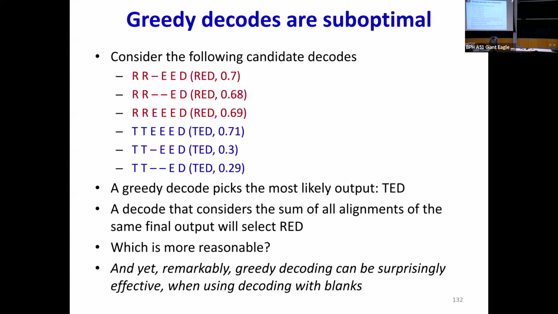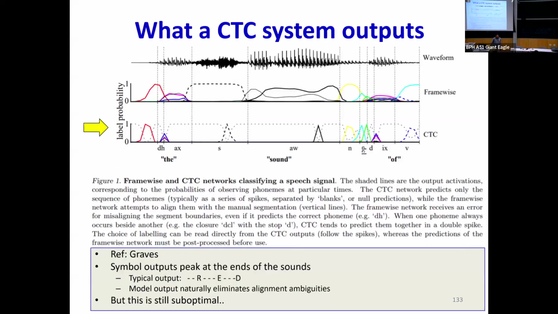And as it turns out, greedy decoding actually does a pretty good job 90% of the time because of the nature of this model. This is a very nice example from the original paper on this technique. What they show is that there are these epochal events where there's a change from one symbol to the other. And those are the only times at which the probability of a symbol sticks out.